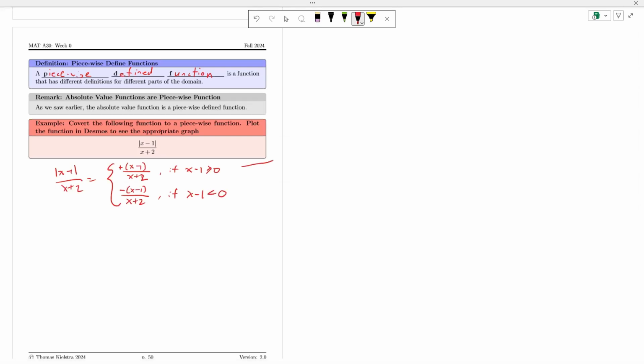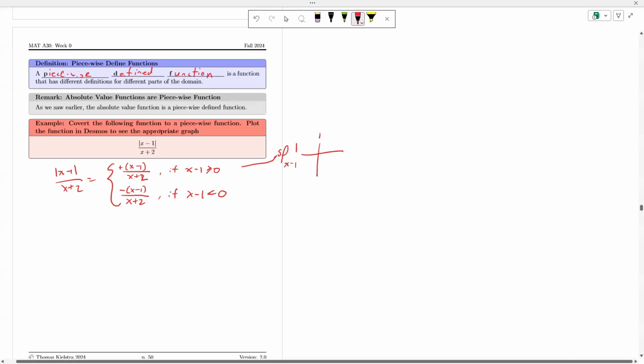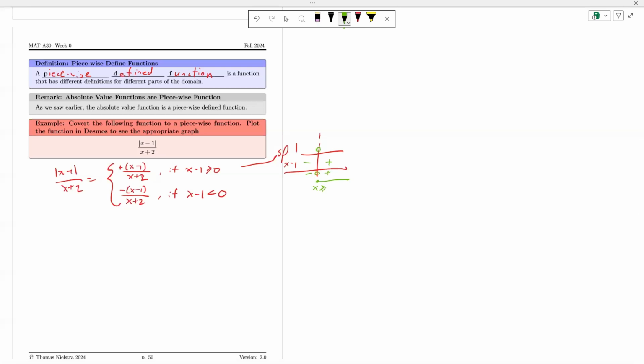Now here, using the split point technique, our split point is 1. x - 1 is positive, 0 at that point, then negative. So x is greater than or equal to 1. And here, a similar process, we'll see x is less than 1.